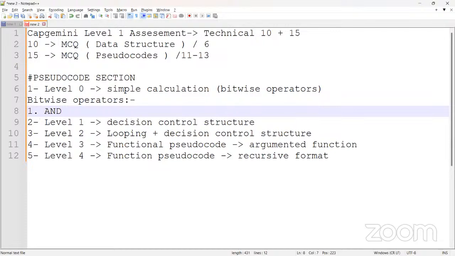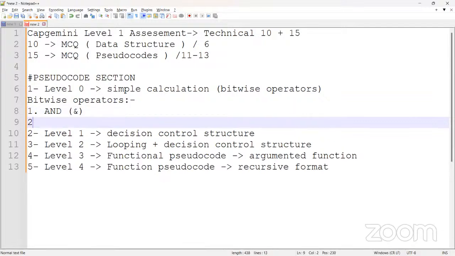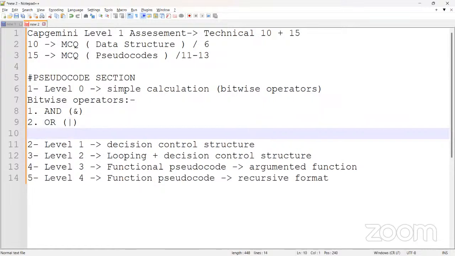The AND operator is written using a single ampersand in the pseudocode format. Second, the OR operator is written with a single pipe symbol in the pseudocode format. Then XOR is written with the cap symbol in the pseudocode.